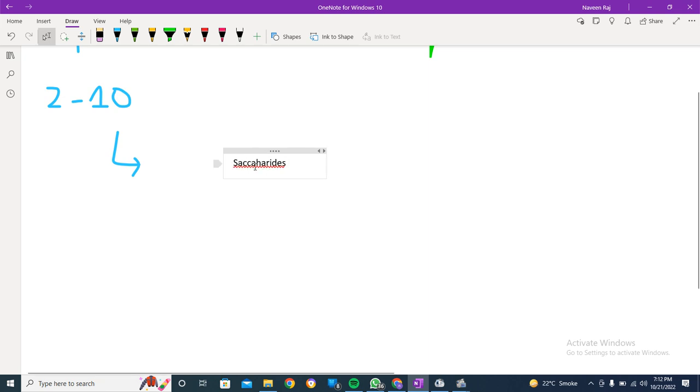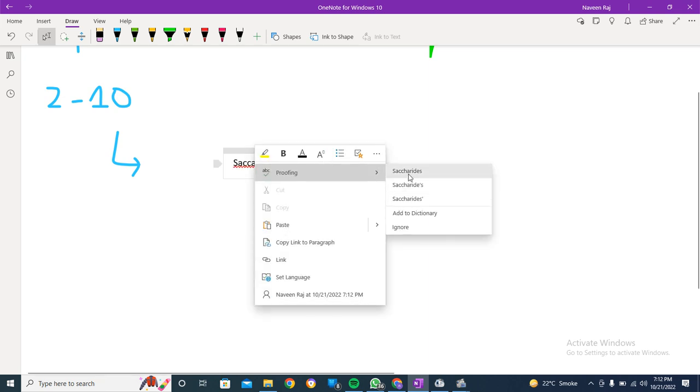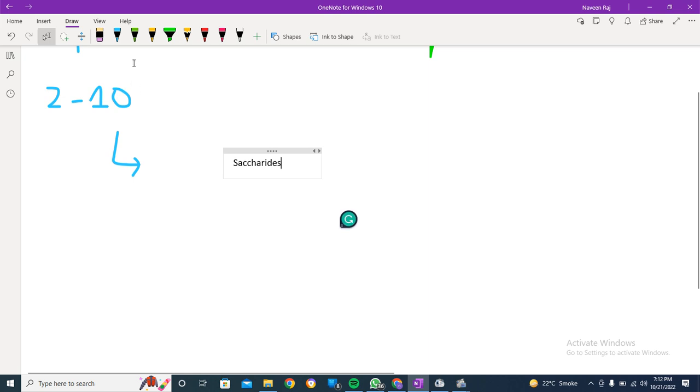So in saccharides, what are the different classifications? If there are two, di, that's a disaccharide. Disaccharide means two sugar units, two monosaccharides.